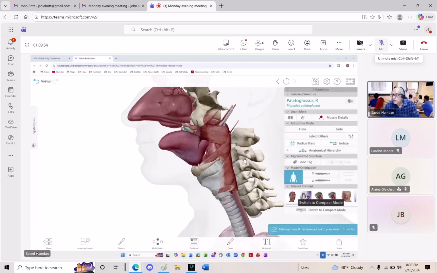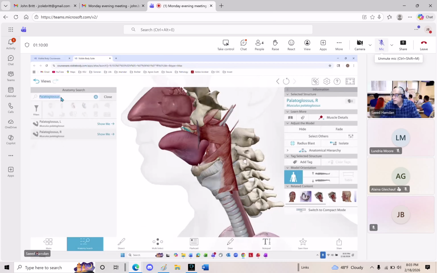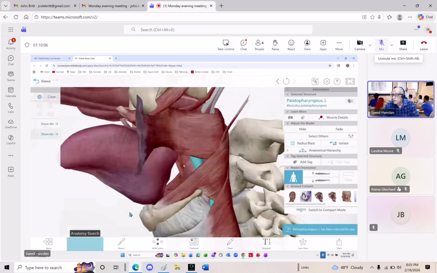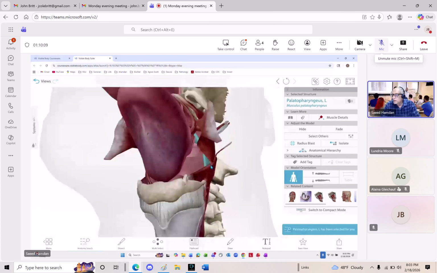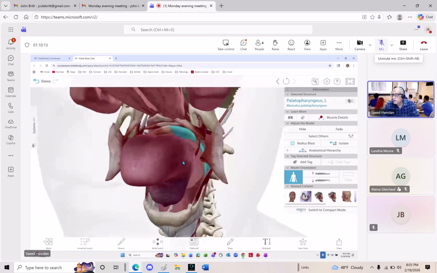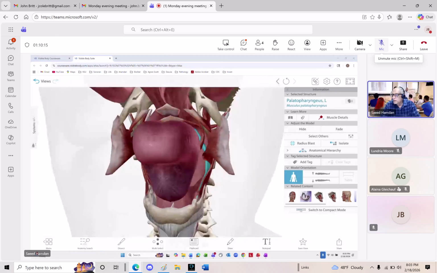Glossopharyngeus. Glossopharyngeus actually is already there. So glossopharyngeus right there. We already talked about glossopharyngeus. Let's add genioglossus.